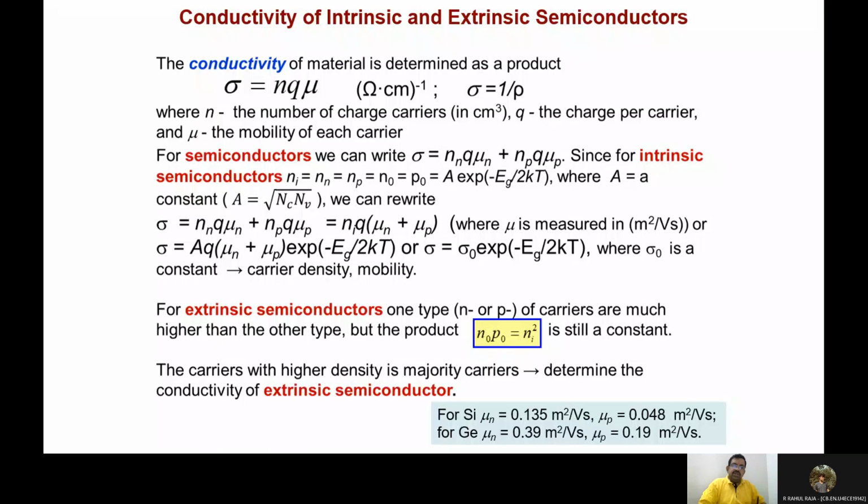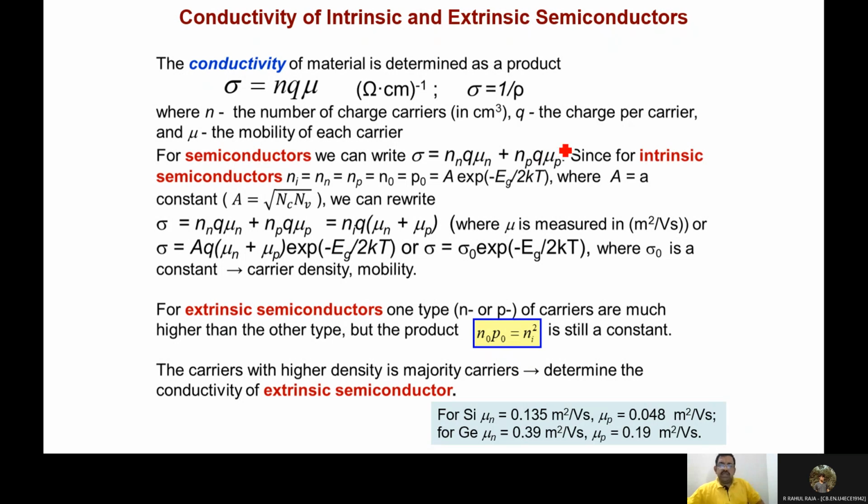Now I come to the last point, which is the conductivity. When you talk about conductivity, I can actually show you the derivation. The electrical conductivity sigma equals n q mu. Here sigma is the electrical conductivity, in mho per centimeter.